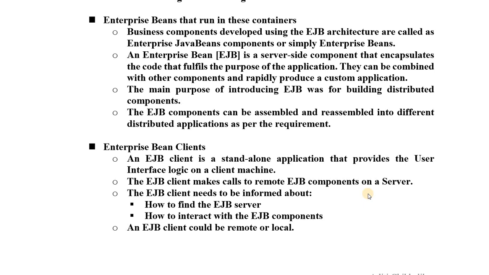So you can combine multiple EJBs together to get quick application development. The main purpose of having EJB in the Java EE framework was for building distributed components, so that EJB components can be assembled and reassembled into different distributed applications as per your requirement, so that the speed of application development increases.